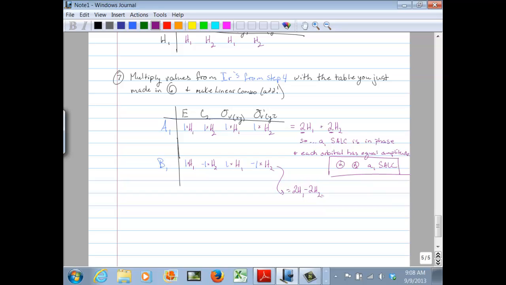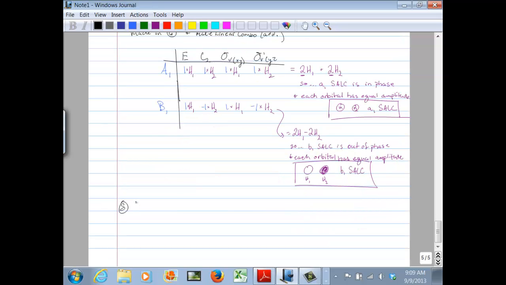So, can you see now that this is going to be a SALC that's out of phase, and each orbital has the same amplitude. So this is the B1 SALC, it is out of phase, and each orbital has equal amplitude. This is H1 and H2.